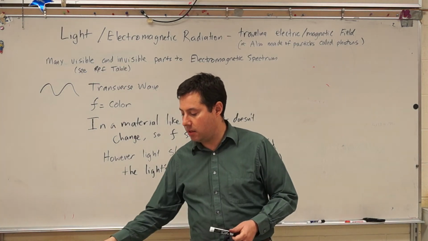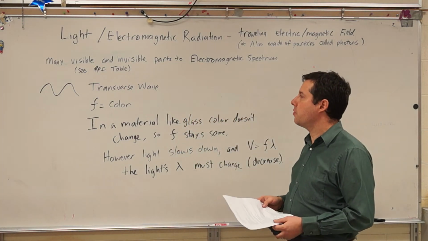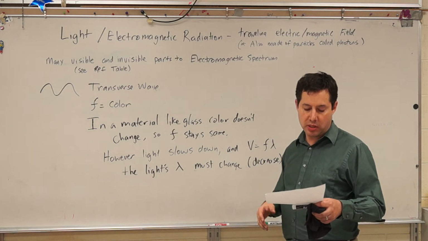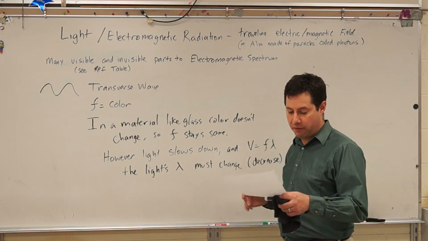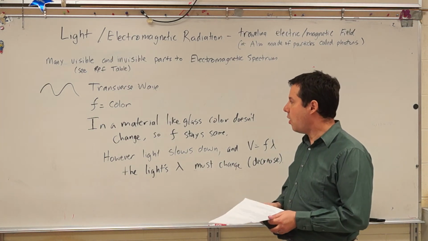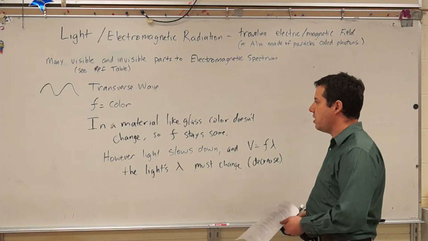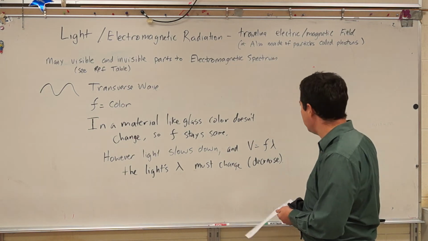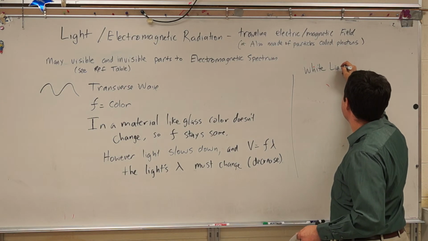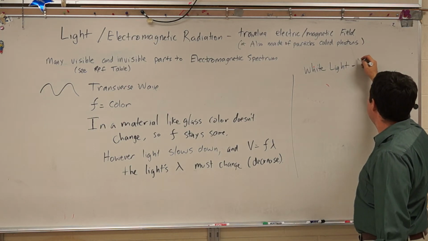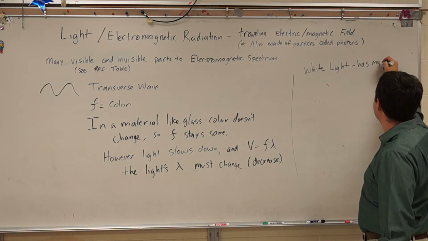And we're going to look at certain things like what happens when we go through a material. These are terms like reflection and refraction in a future video. One other term I do want to introduce in this video is the term dispersion. So white light often has many colors to it.